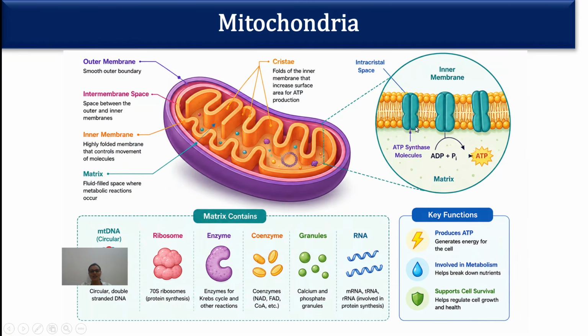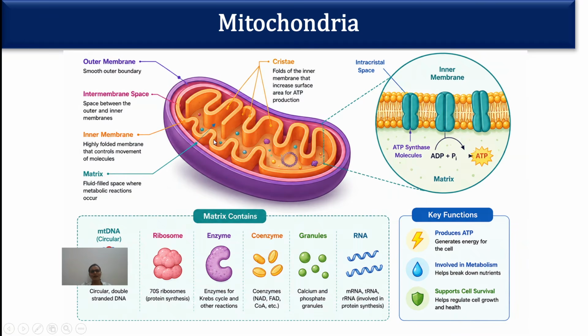Inside this inner membrane there are proteins present, namely ATP synthetase molecules, one kind of enzyme that is required for the conversion into ATP in the electron transport chain.